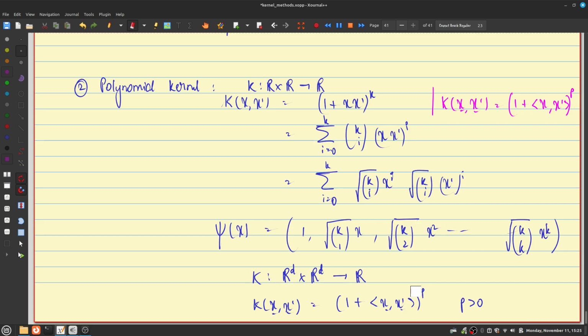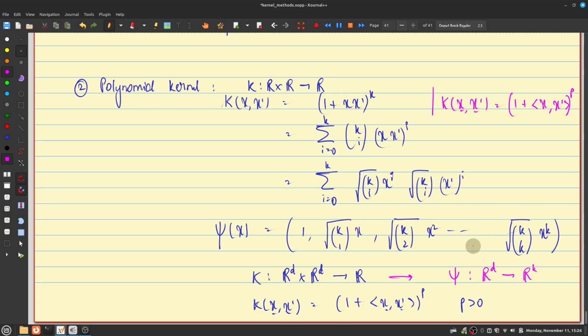Yes, that's the question. So this corresponds to some psi from R to the d to R to the k. If d is equal to 1, then we've seen that p is equal to k.